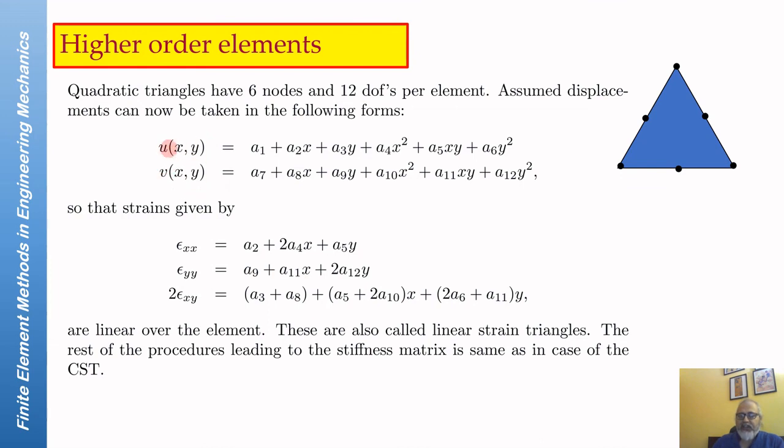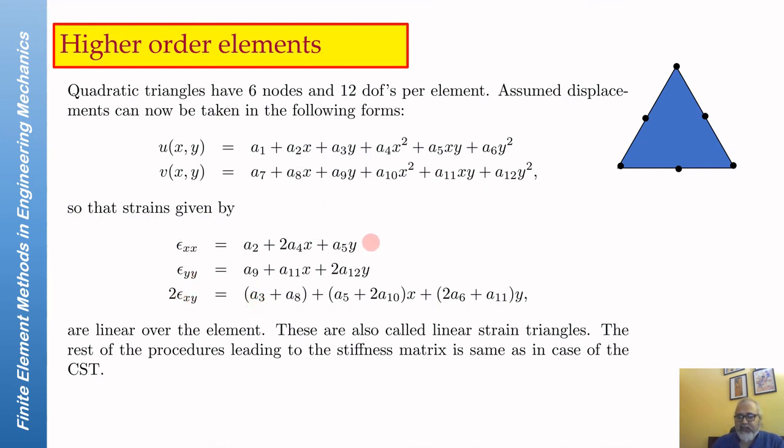You will be able to see that if you take first x derivative of this, this term becomes a constant, this goes to 0, this remains, and this remains, this goes to 0 again. Similarly, when you take derivative of this with respect to y, a9 remains, a10 vanishes, a11 remains, a12 remains. Similarly for xy.